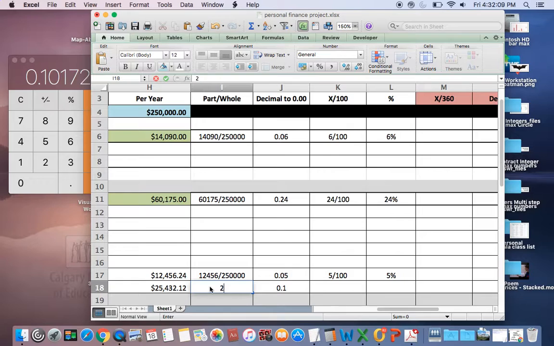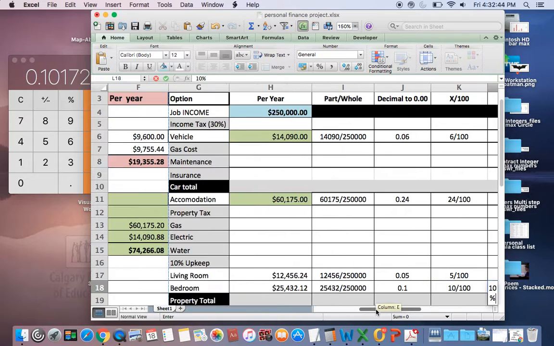This one here, we go 25,432 divided by 250,000. I get, now here's, this is interesting, right? 0.10. It's not going to hold that though, but we want this out of 100. So this is actually 10 hundredths, right? So I get 10 out of 100. Otherwise, it's just 1/10, but we can always times by 10, times by 10, and we get that. Otherwise, you're going to end up with 1%, and that won't be right.